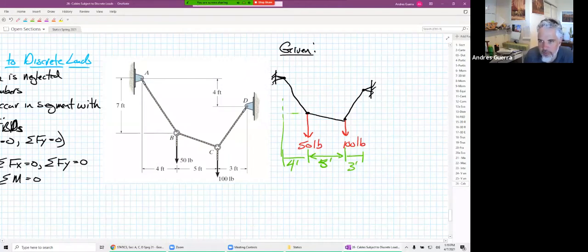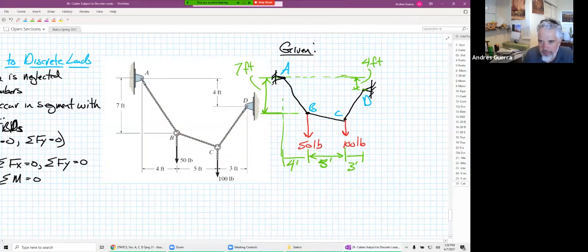For vertical distances, they tell us on the left side over here, that's a vertical distance of 7 feet. And then they also tell us the vertical distance between the 2 supports, which is equal to 4 feet right there. So I think besides our labels on our points, which we will add now, that is all the given information, A, B, C, and D.